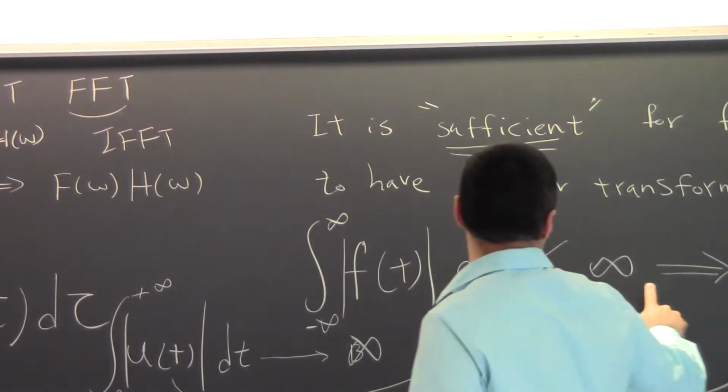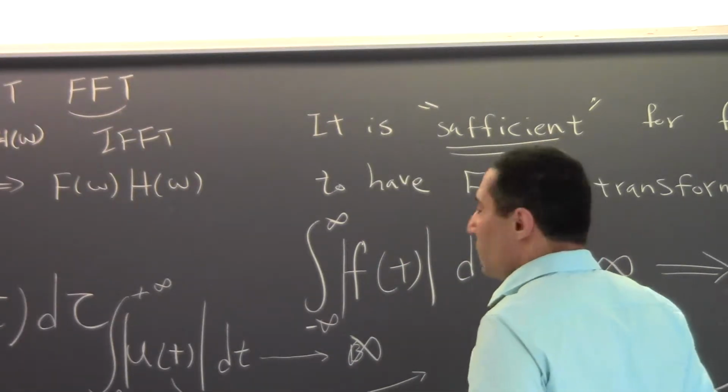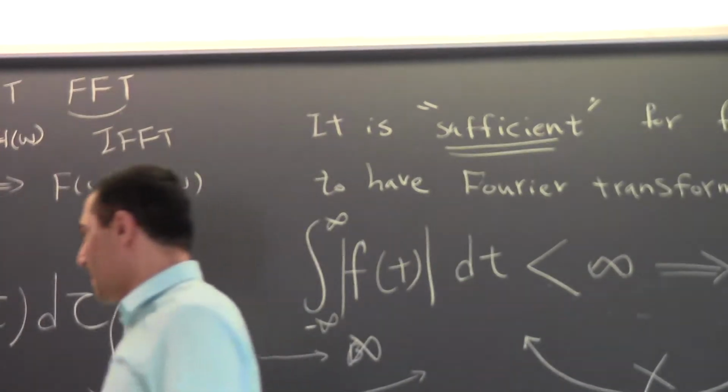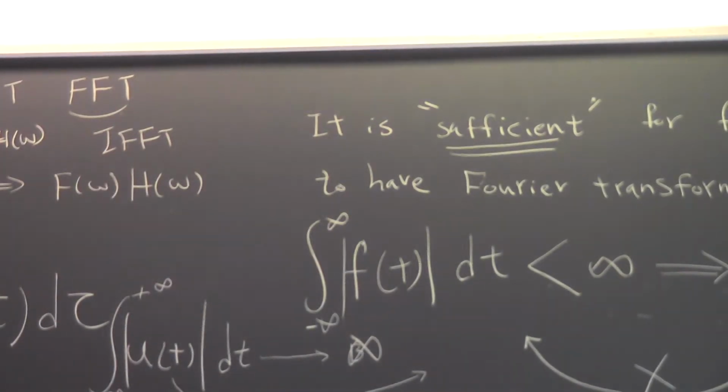This rule is one way. So if we could find F(omega), it doesn't mean that u(t) is absolutely integrable. Don't worry, I will teach u(t) today. If you don't know the Fourier transform for u(t), no worries, you will learn today.